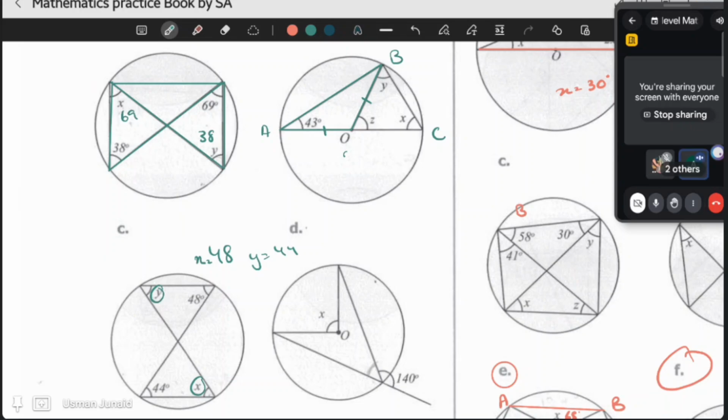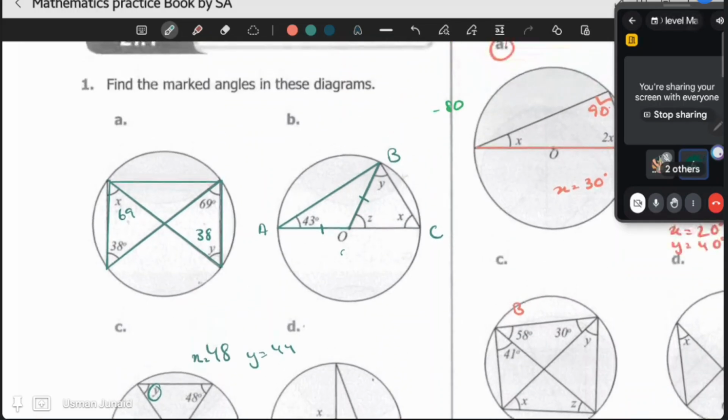Isn't Y 47? No, 44 होगा ना. No, I mean on B part. B part के अंदर you can solve. तो ये हो जाएगा 43. This will become 47.